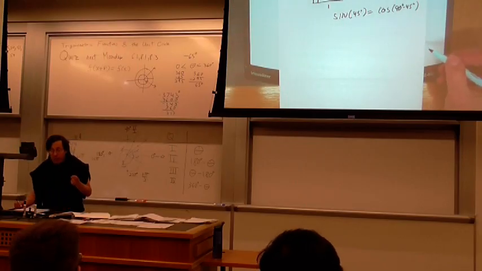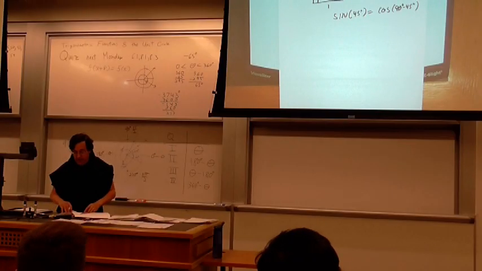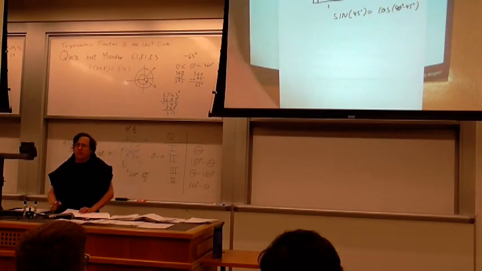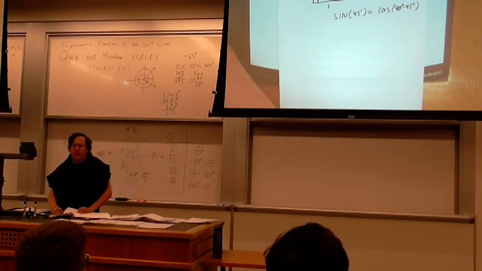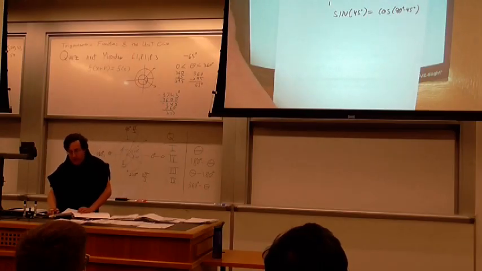Okay, very important exact values we can get for sine and cosine. Much later in the class, we're going to learn how you can extend that a little bit. There are other angles you can get exact values for using these as a starting point, but we're not going to get there for a while.